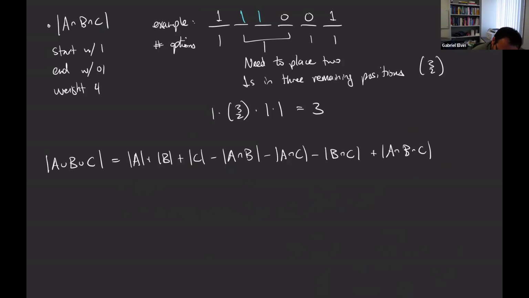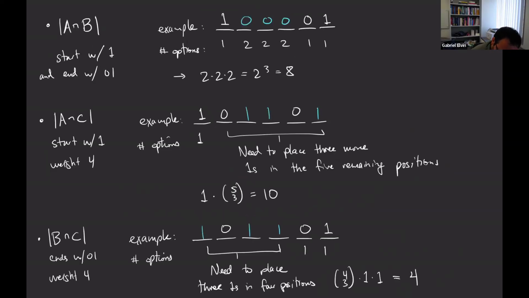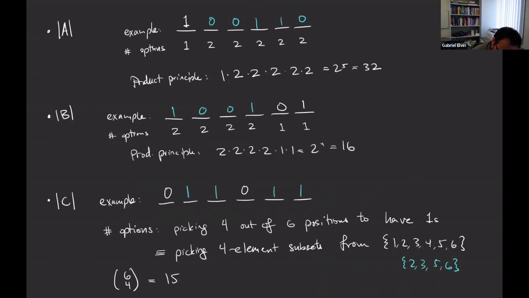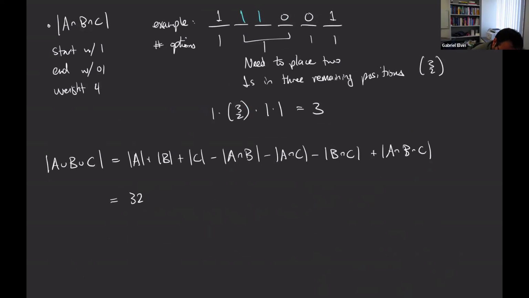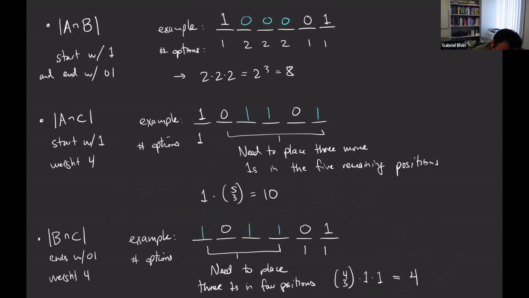Okay, so A had 32, B had 16, and C had 15. So 32 plus 16 plus 15. But we're counting certain strings 2 or 3 times, so we have to compensate for that. A intersect B had 8, A intersect C had 10, and B intersect C had 4.